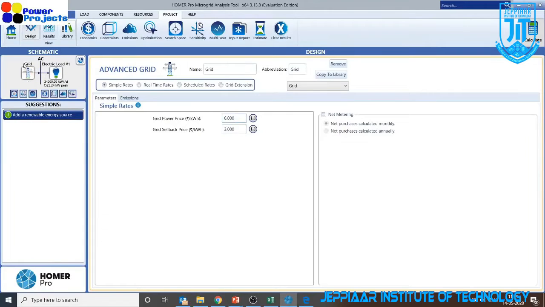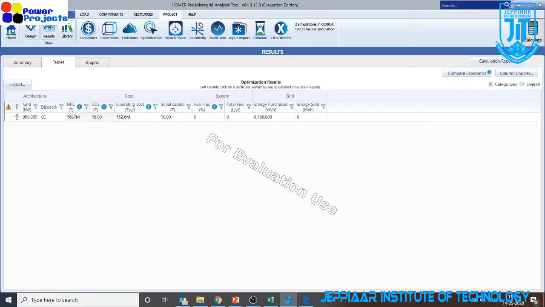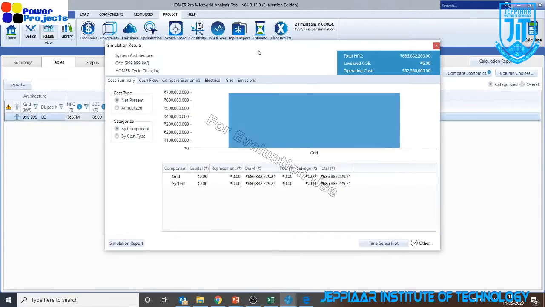So here I have only one grid and one load, and the grid offers the energy at an energy cost. There are no demand charges. It is a simple rate, a very simple example. So with this I can run the simulation. When I run a simulation, you will get the commercials, the tariff, everything here.